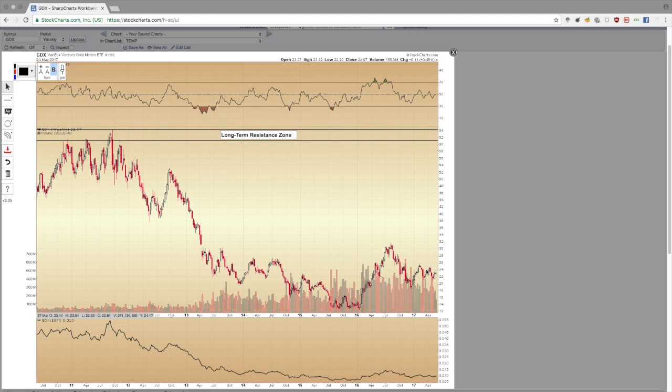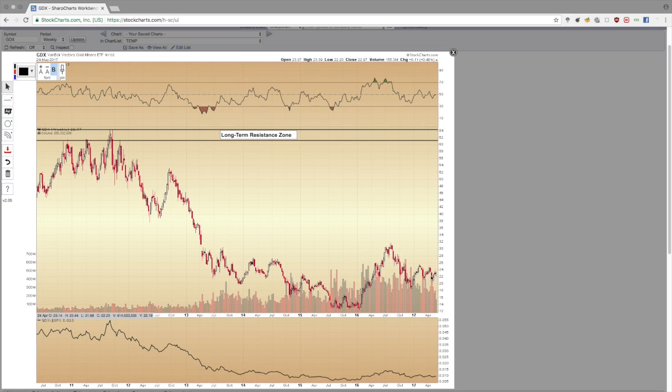Okay, so again, for perspective, we're nowhere near this level right now, right? We are talking the gold and silver miners closing right around 23. So you would be talking almost a tripling in value if the average gold and silver miner were to get back to its former all-time highs. And this matched the gold price at 1900, right? So we're talking a gold price that would be about $650 higher from here.